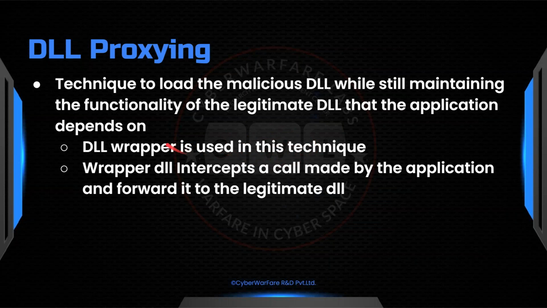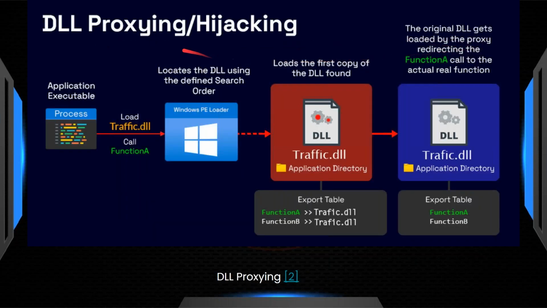Likewise, the attacker uses this concept. The DLL wrapper is the malicious DLL, and it also forwards the call to the original DLL, maintaining the integrity, legitimacy and functionality of the application. So this is how it looks.